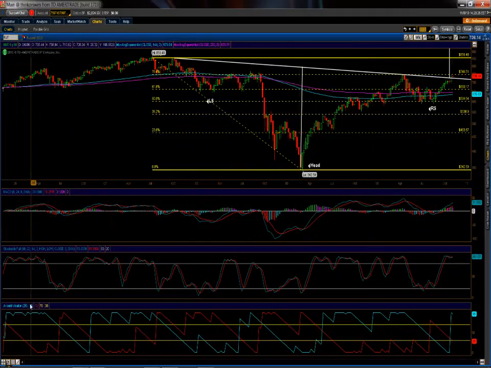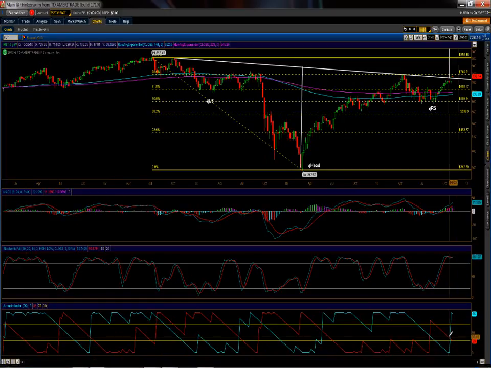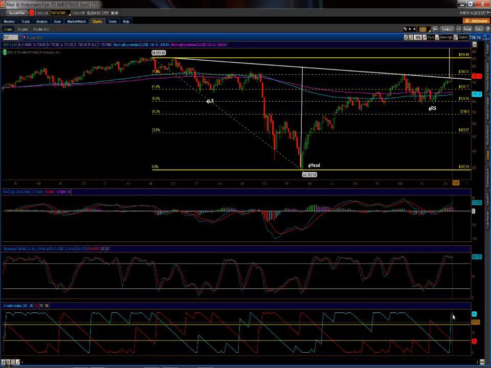Although I am using 25, which is a little more sensitive, you can see that it has crossed last week, and we're gonna be pushing higher once we consolidate, do a back test, and some of the big money takes some of the bread off the table.